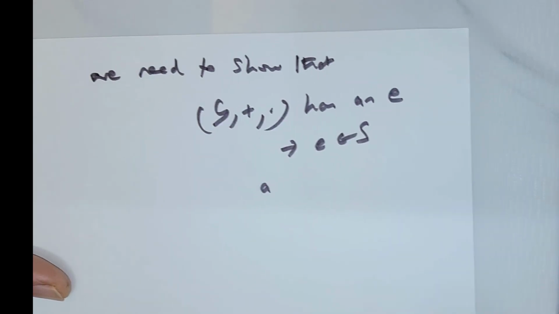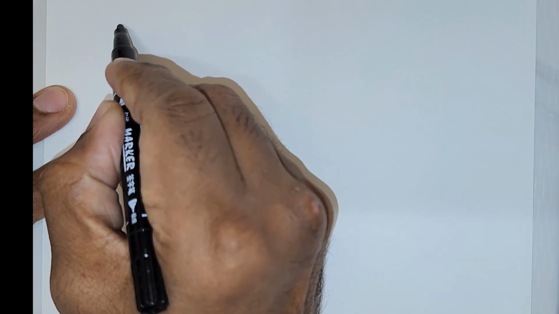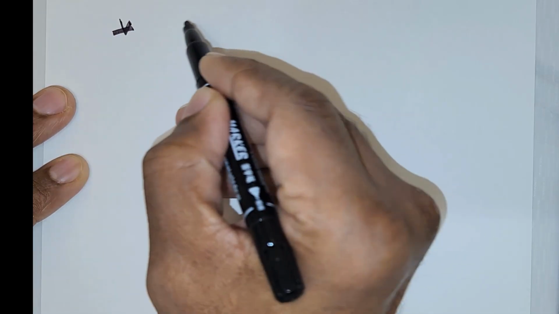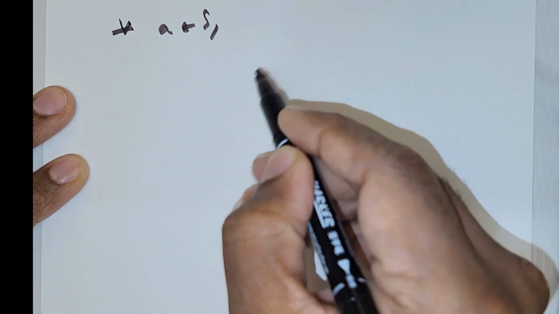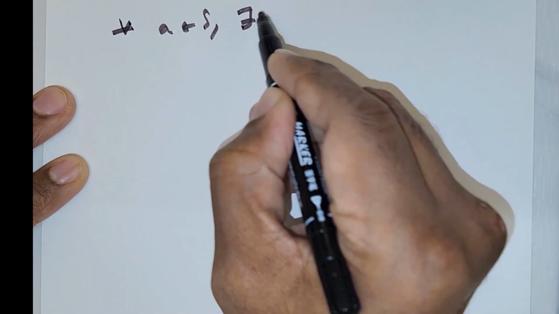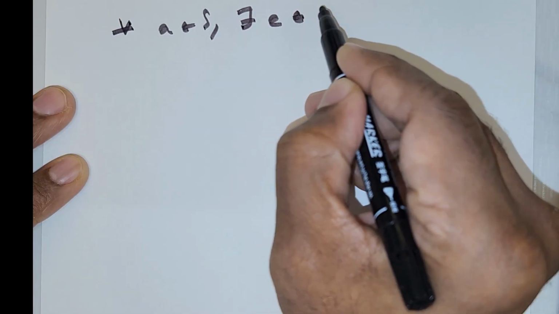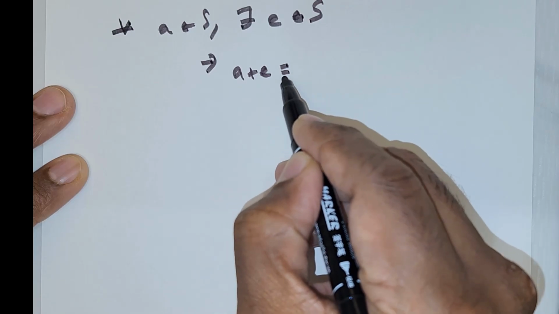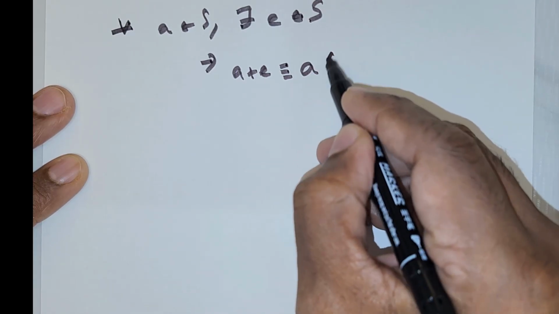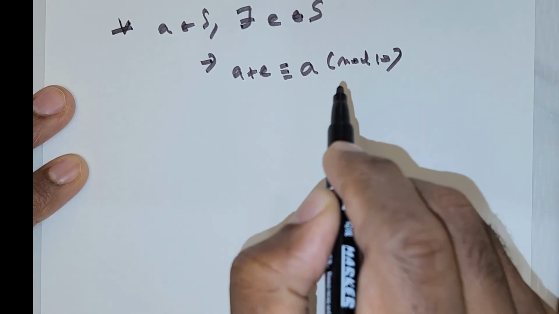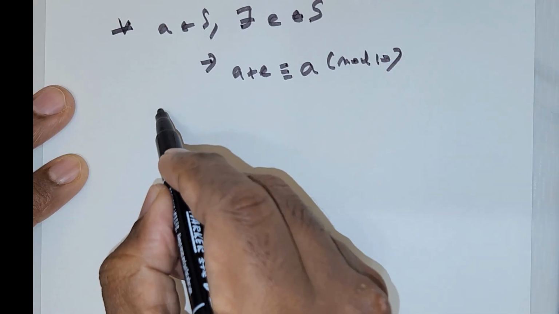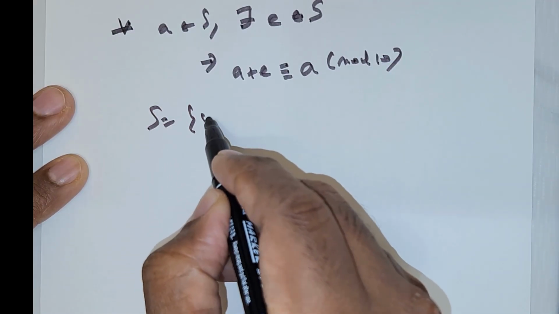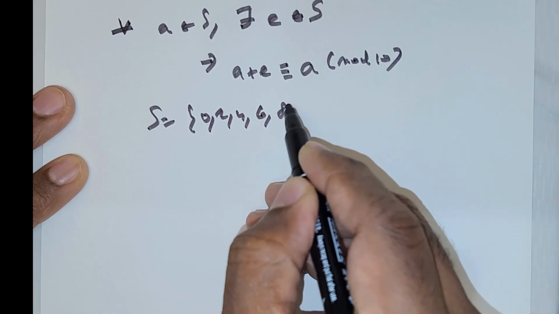So let's see how to do that. We need to show that for every A element of S there exists an E element of S such that A plus E is congruent to A mod 10. This is the requirement. Now we know that S is equal to 0, 2, 4, 6, 8.